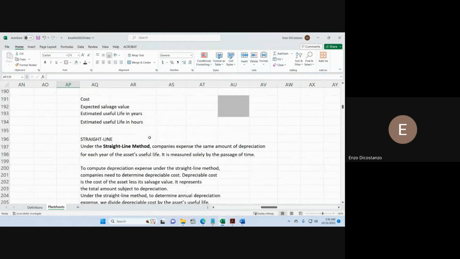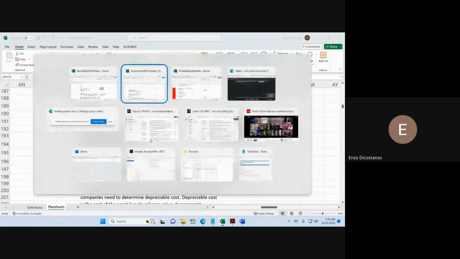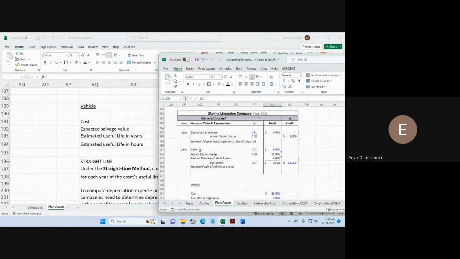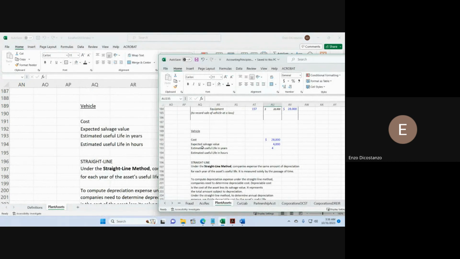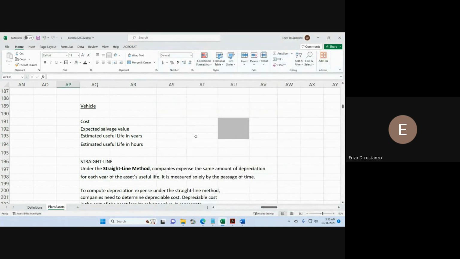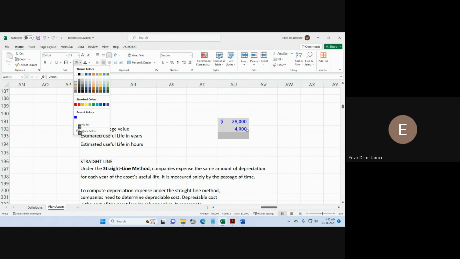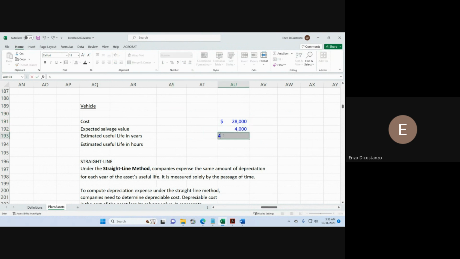Yeah, let's work out the straight line first. I think this is something from the bottom. I think we need to work at this. So salvage 4,000. Cost was 28. It's 4 years.